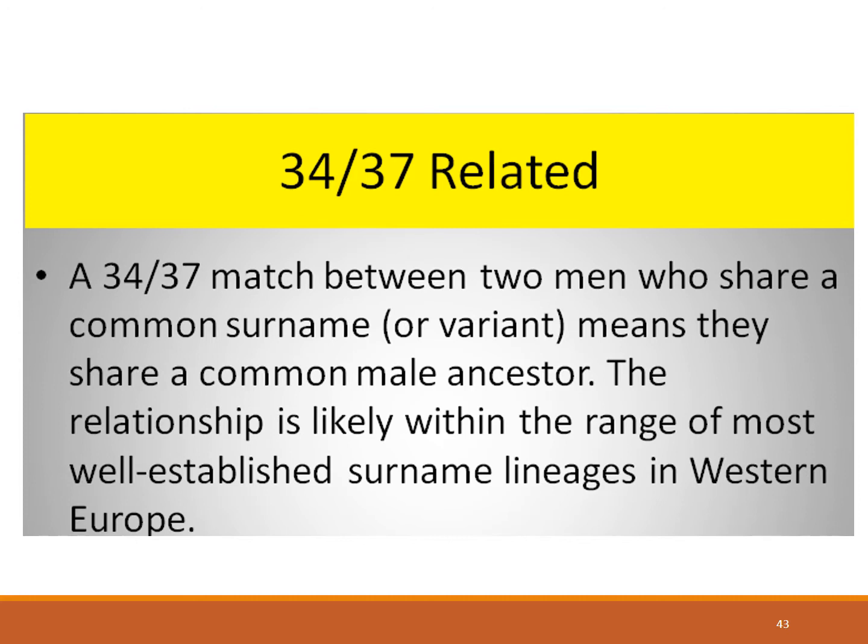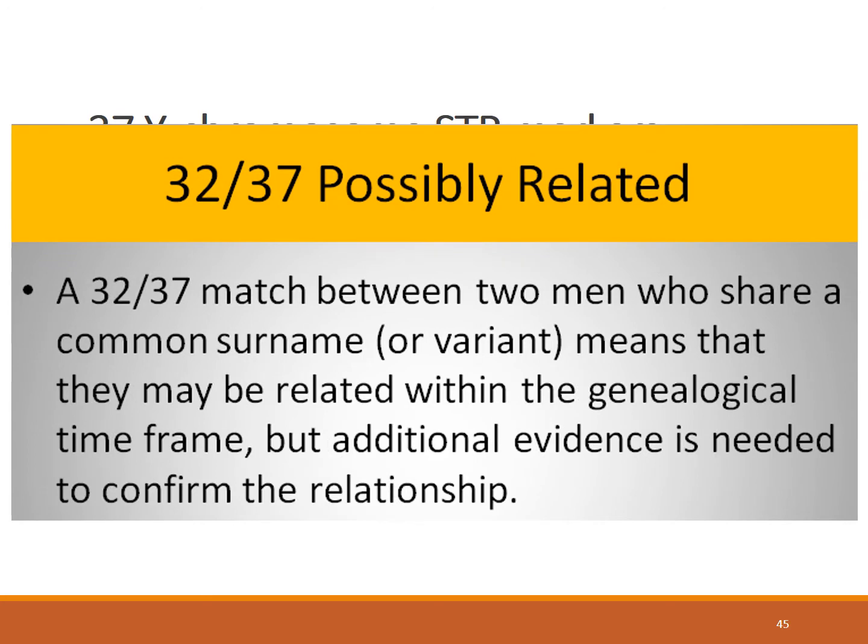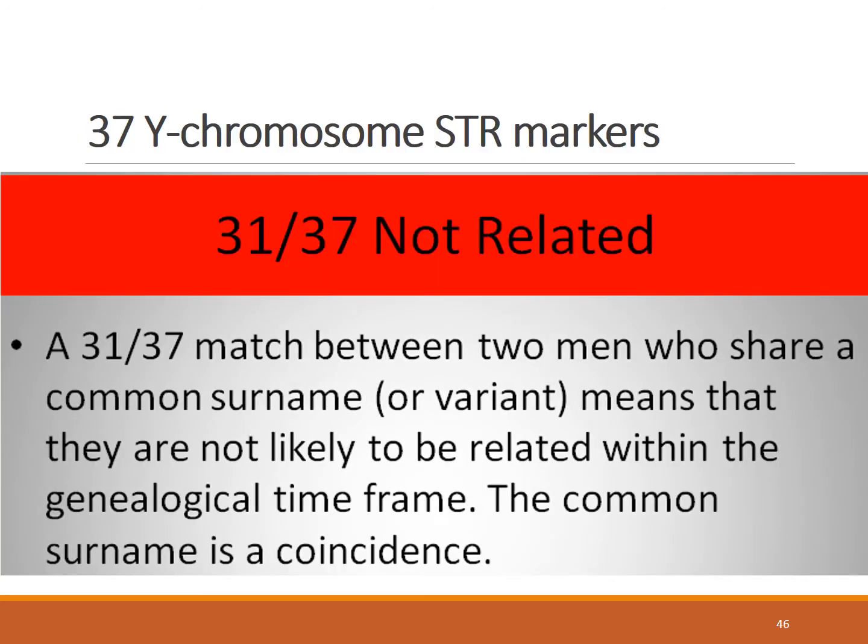They're likely to be in the range of matching, but not nearly as close in time. 33, now we're getting to probably related. And as we go on further down, 32 is only possibly related, and 31 is not related. So you can see as we just cut off one or two on the 37 marker test, we're talking about here 6, which is quite a ways.